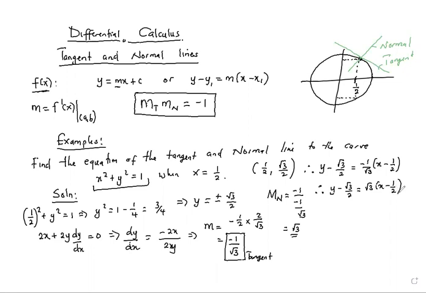So this is how we get the tangent and the normal line equation. At a specified value of x, then you have to form a point. These points make sense in such a question.